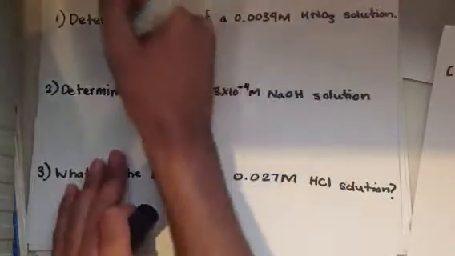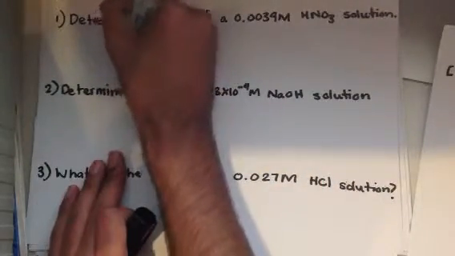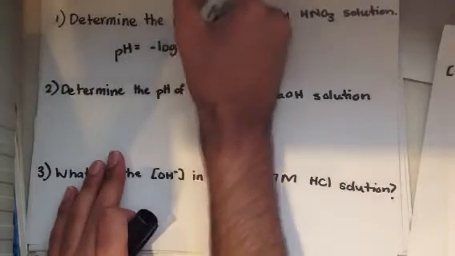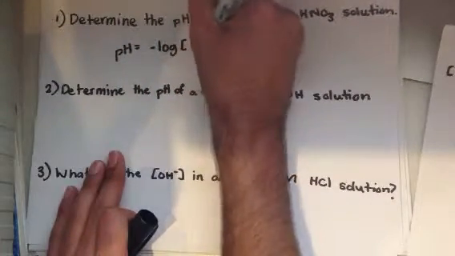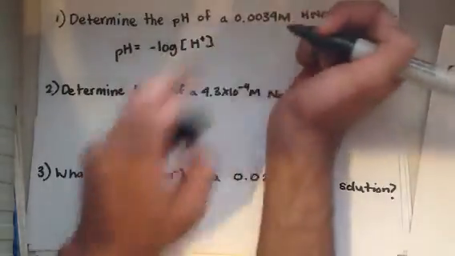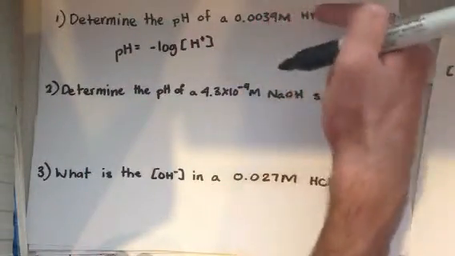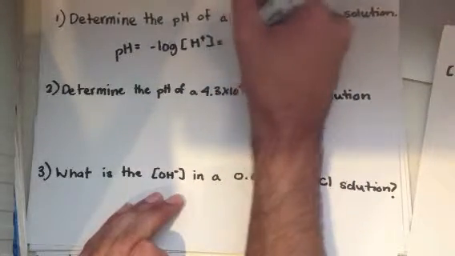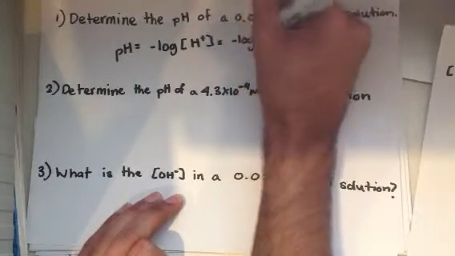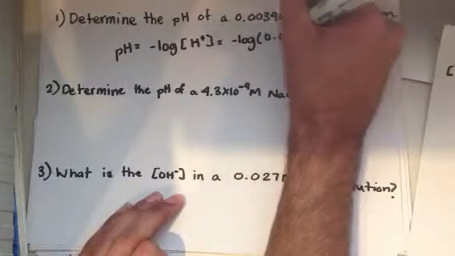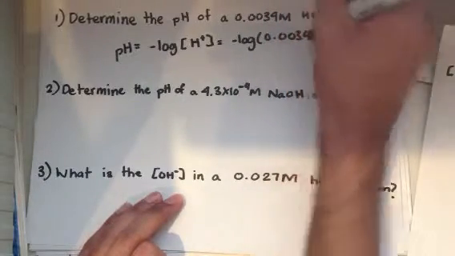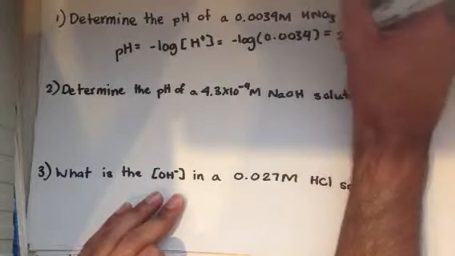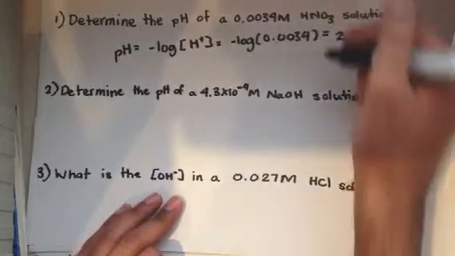So pH equals the negative log of the hydrogen ion concentration, which is the same as the acid concentration since it's a strong acid, and that's going to equal the negative log of 0.0034, and that equals 2.47.